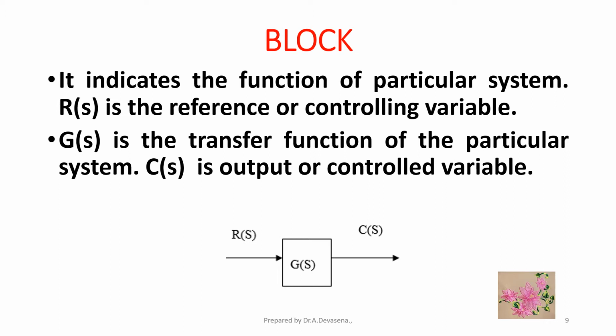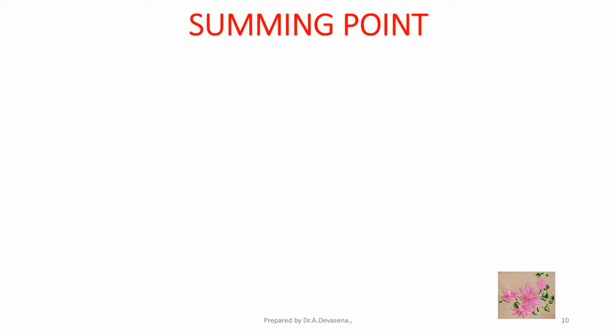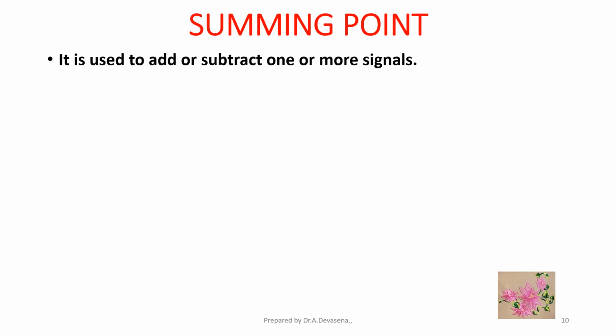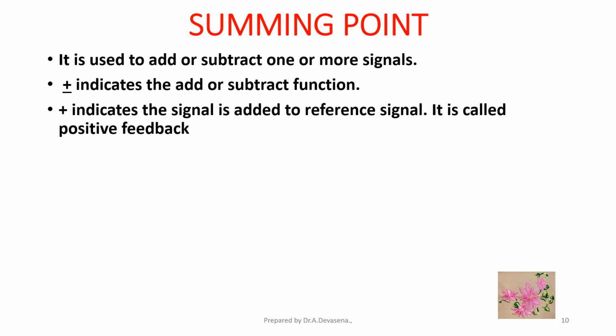This is represented here. Summing point. It is used to add or subtract one or more signals. Plus or minus indicates the add or subtract function. Plus symbol indicates the signal is added to the reference signal.